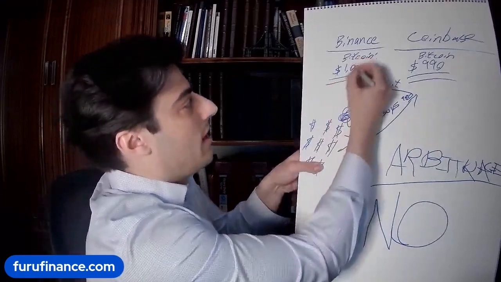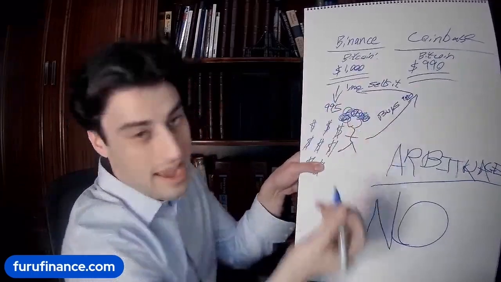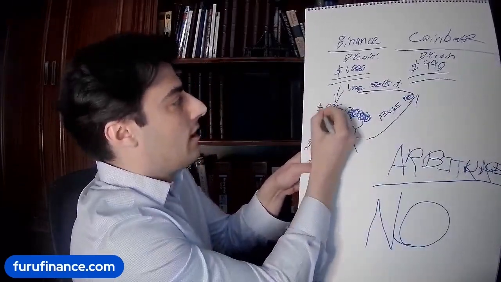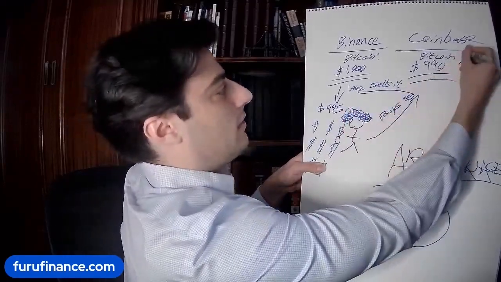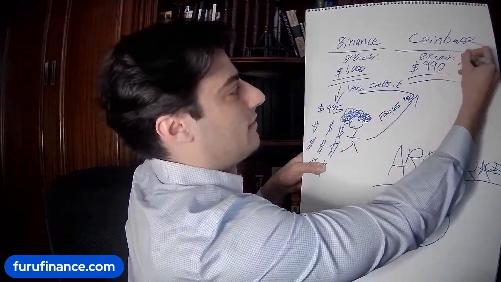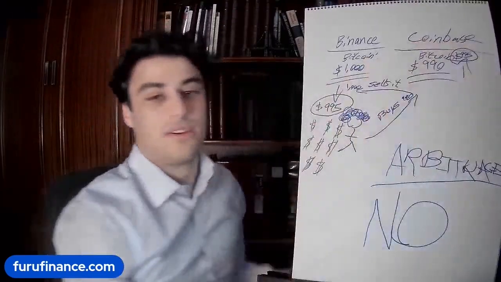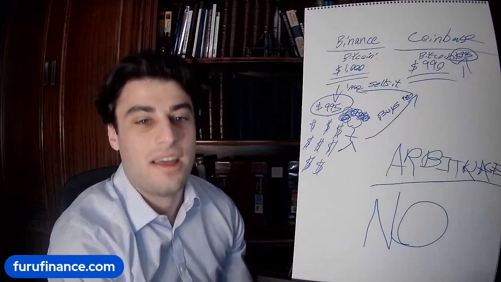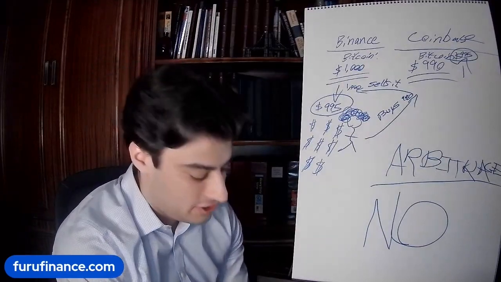So the Coinbase price goes up to $995 and the Binance price drops from $1,000 to $995 eventually after enough. And now you have equal Bitcoin prices across exchanges. That is what arbitrage is.